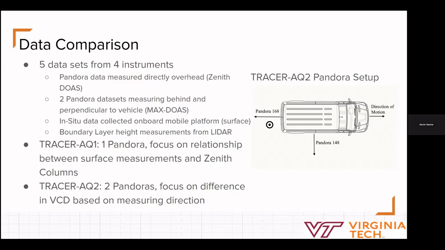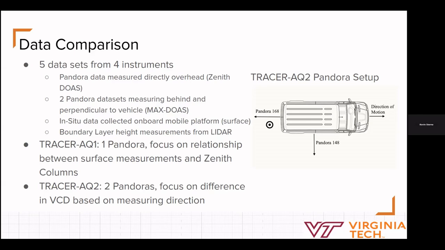One issue, however, with these types of measurements was that during both field campaigns, there were limitations of the instrument configurations, with the first TRACER-AQ being limited to only 1 Pandora instrument, which was operating fixed in a zenith configuration. However, this presented a pretty good opportunity to separate these distributions of trace gases into 2 separate quantities, looking specifically at how these interactions are occurring vertically versus how they're occurring horizontally.